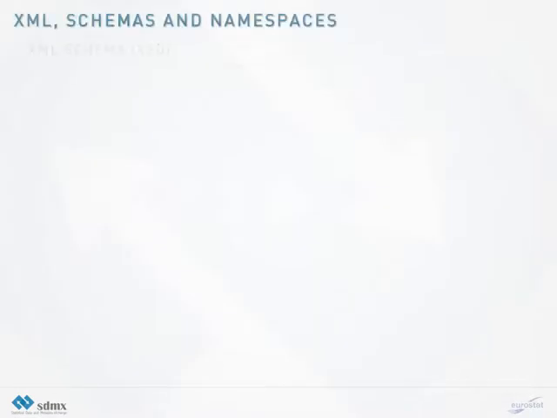An XML schema defines the permitted building blocks of an XML document using the terms of a schema definition language, which is itself written in XML. SDMX makes use of the schema definition language known as XML schema, published as a W3C recommendation in May 2001.